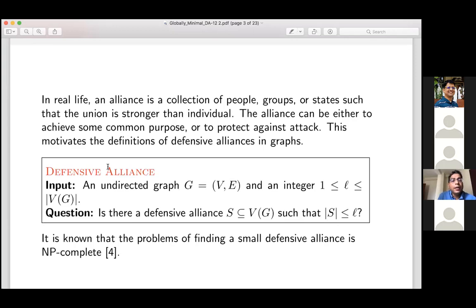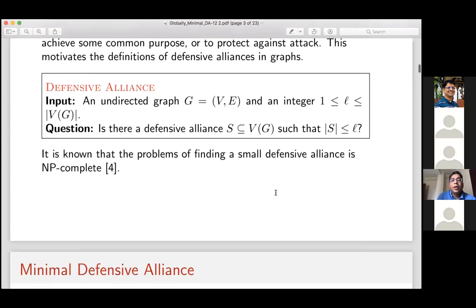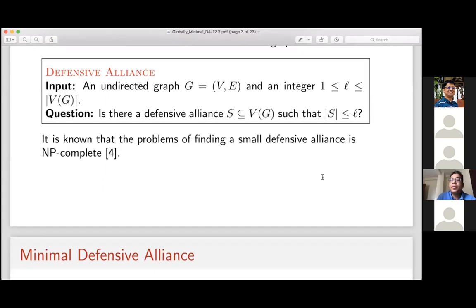In graph, the question that we ask is, is there a defensive alliance of size less than or equal to L. So it's a minimization problem. And it is known that given a graph, finding a smallest defensive alliance is an NP-complete problem. Okay, so that means we won't have an efficient algorithm to find the smallest size defensive alliance in a graph.